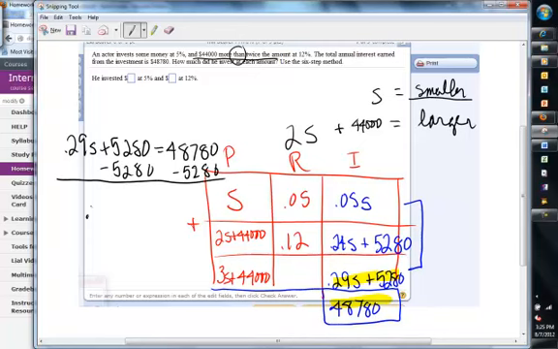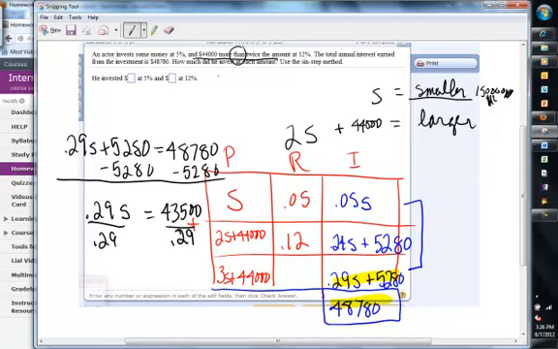Subtract 5,280 from both sides. We get 0.29S equals 48,780 minus 5,280. I get 43,500. Divide both sides by 0.29. 43,500 divided by 0.29 is 150,000.